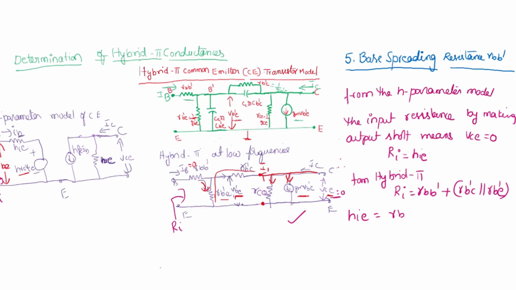HIE is RBB dash plus the parallel combination. RB dash C is very high and this is very low. A very high value of resistance in parallel with a very low value of resistance gives a low value, so it is RB dash E. So totally your base spreading resistance RBB dash is HIE minus RB dash E.